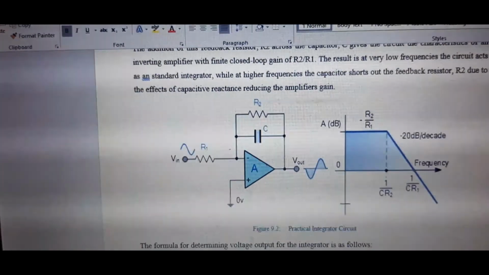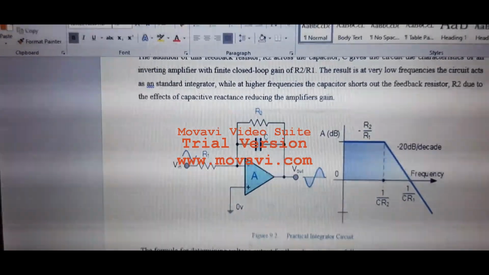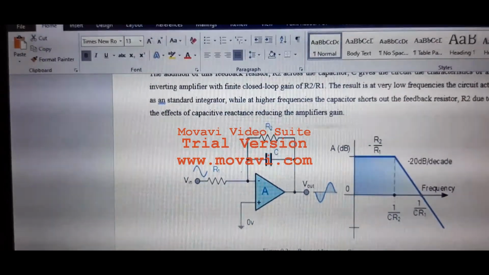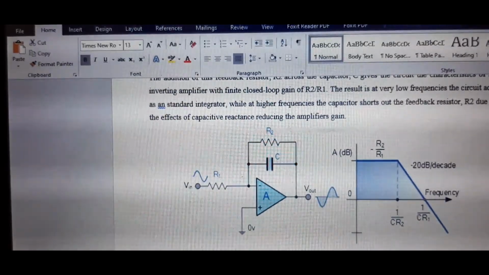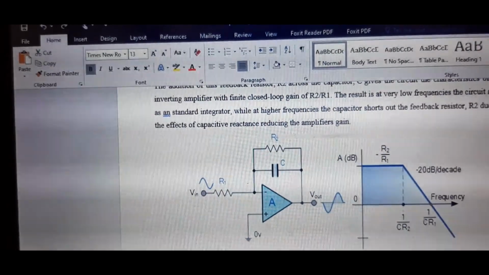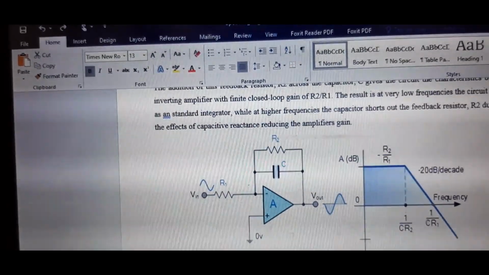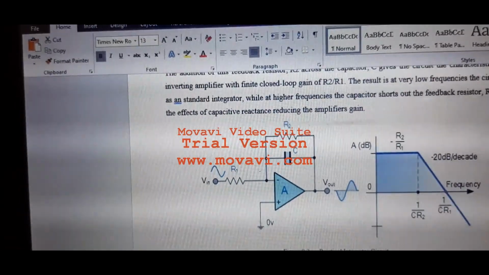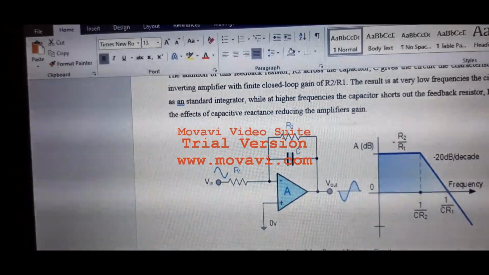Now I will briefly tell you about the operation of the integrator at low frequency. You know that at DC the capacitor acts as an open circuit and blocks any feedback voltage, resulting in very little negative feedback from output back to the input.